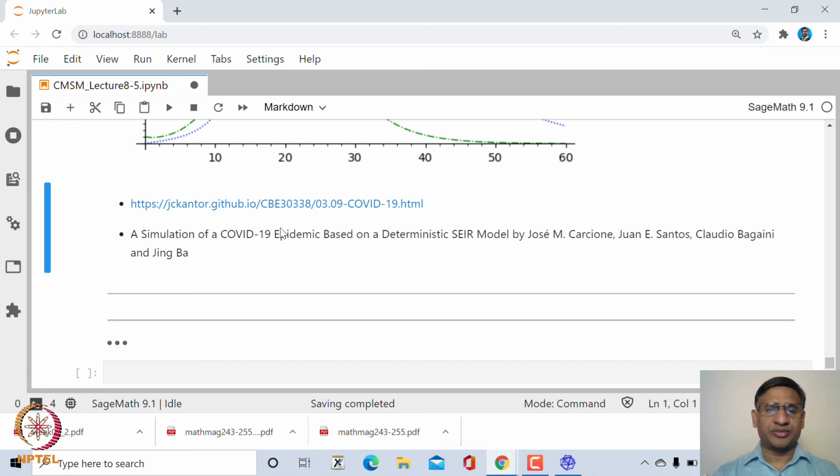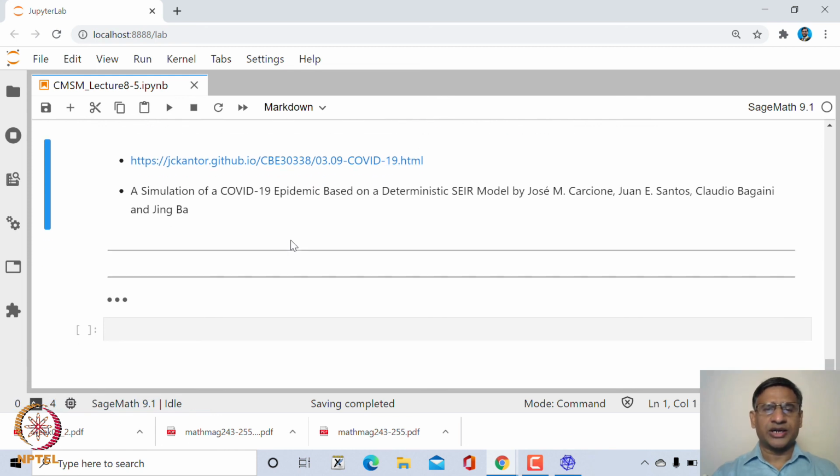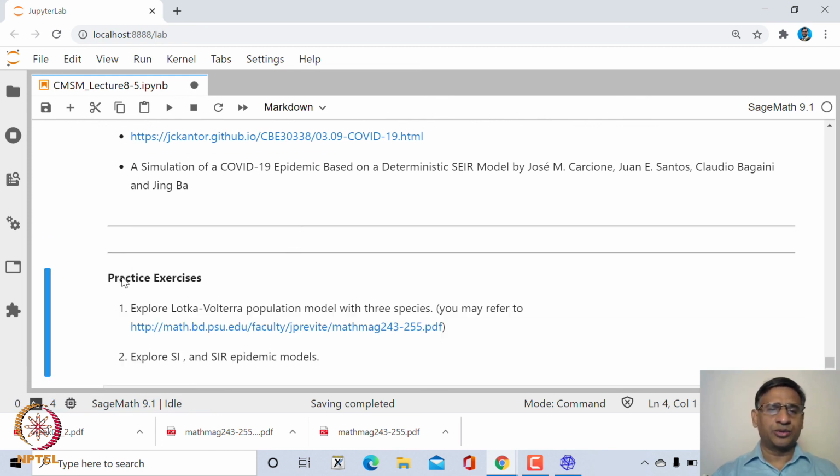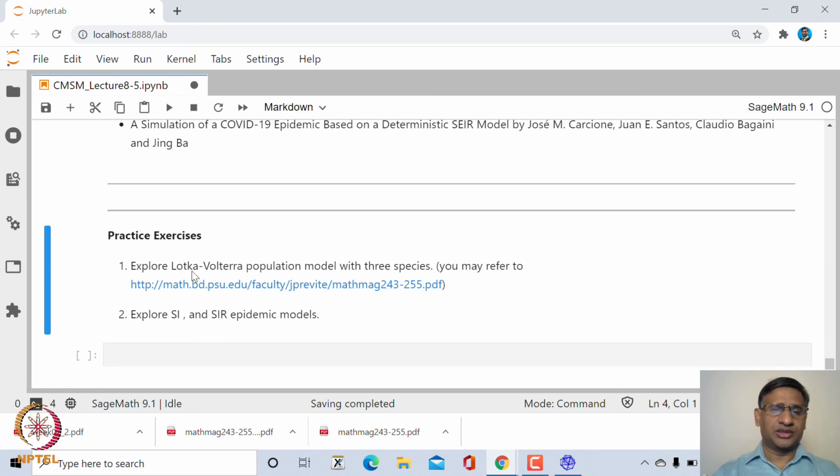This is basically done for data obtained from Italy, I think, right. You can also look at this GitHub page where a Python program is written for these different models, right. So, let me leave you these 2 explorations.